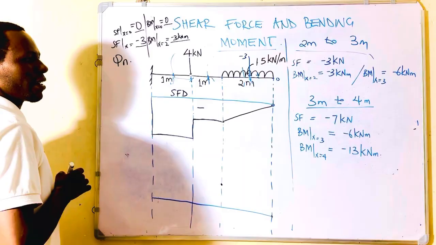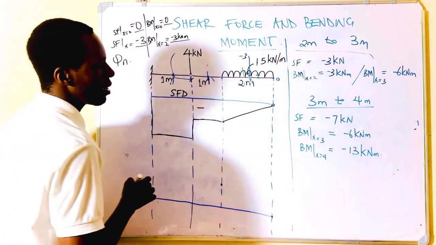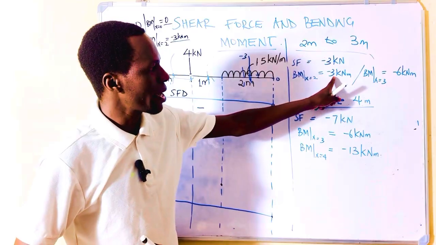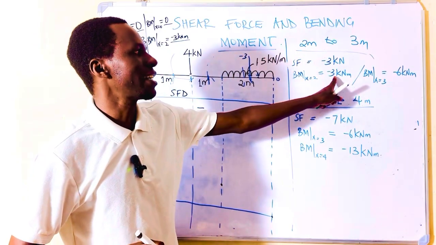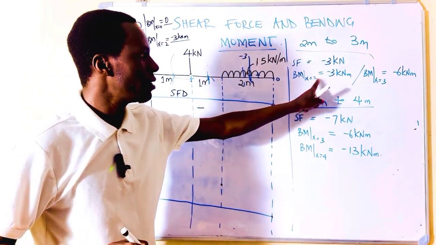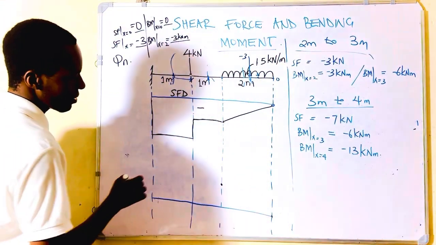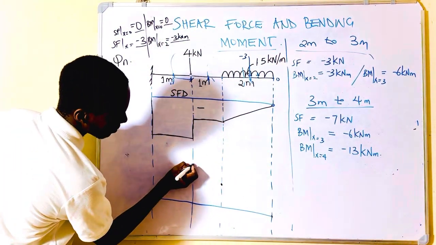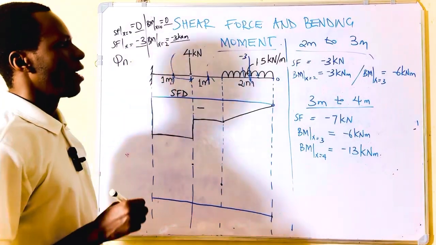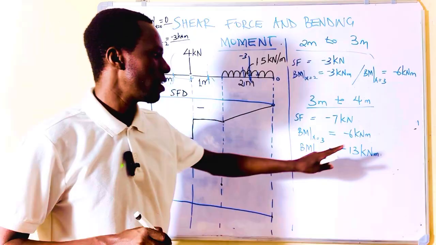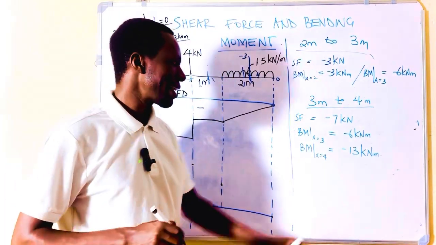Yes. Then from there, we came here. It remained negative 3 when x is 2. Good. Then when x is 3, it went to minus 6. So let's say minus 6 is here. And within this span, when it is 3, it remained good. Then when it is 4, it became minus 13.